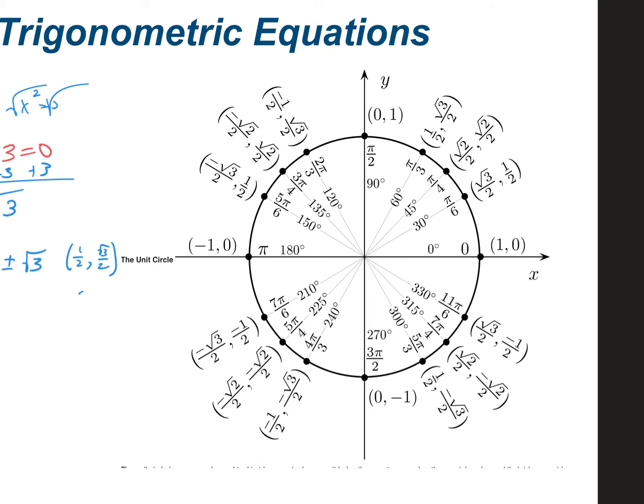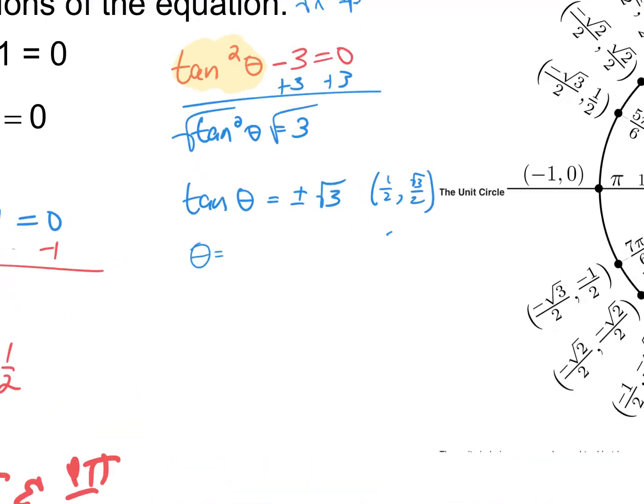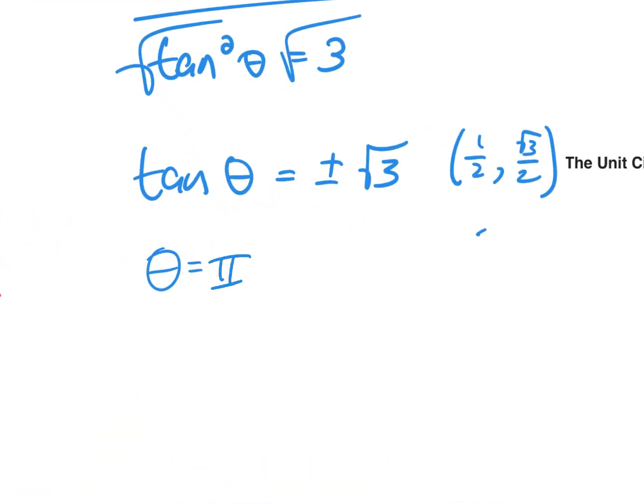So which one is it? Pi over 3, what else? 1 pi over 6. You want 1/2 to be first, so pi over 3, 2 pi over 3, 4 pi over 3, 5 pi over 3. You see that? So your theta would be, we said pi over 3, 2 pi over 3, 4 pi over 3, and 5 pi over 3, right?